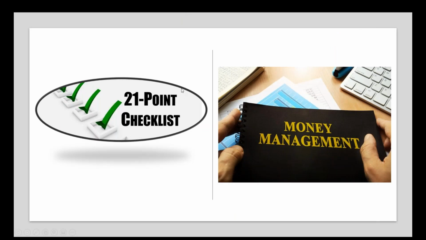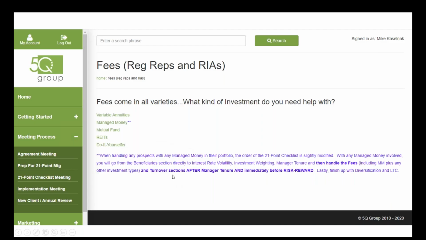One thing I want to mention here is I've had lots of people talk about this, and we finally just put it into black and white, or you'll see in blue and white. How does the 21-point checklist work with money management fees? It kind of changes it up a bit because we leapfrog from fees right to the risk reward. We've made a little change here under fees, and you see in blue here it says, when handling any prospects with money management in their portfolio, the order of the 21-point checklist is slightly modified.